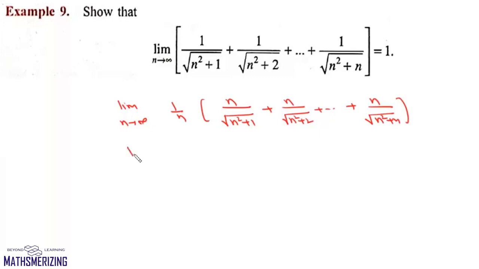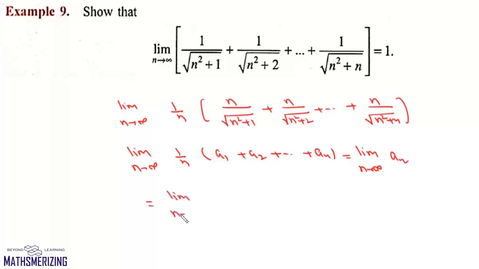Now this limit is of the form limit n tends to infinity 1 by n (a1 plus a2 plus up to an). Now Cauchy's first theorem says this limit is equal to this limit n tends to infinity a_n. So all we need to do is solve this limit n tends to infinity. Now what's a_n? a_n is n upon under root of n square plus n, and this limit is nothing but 1. So the value of this limit is simply 1.